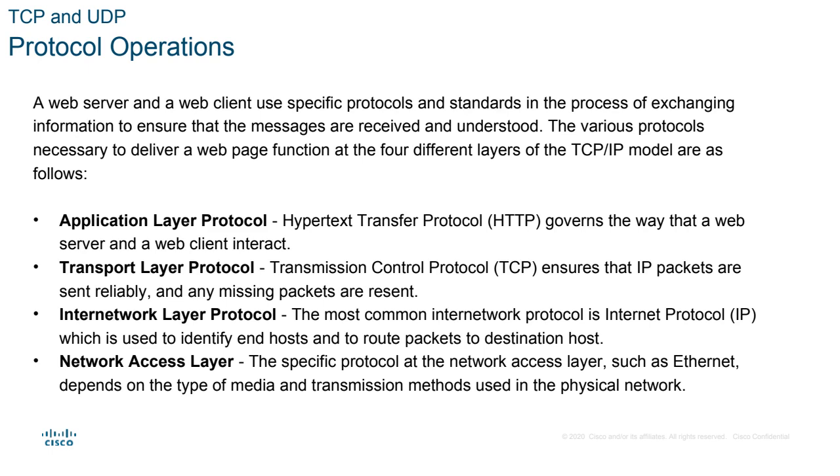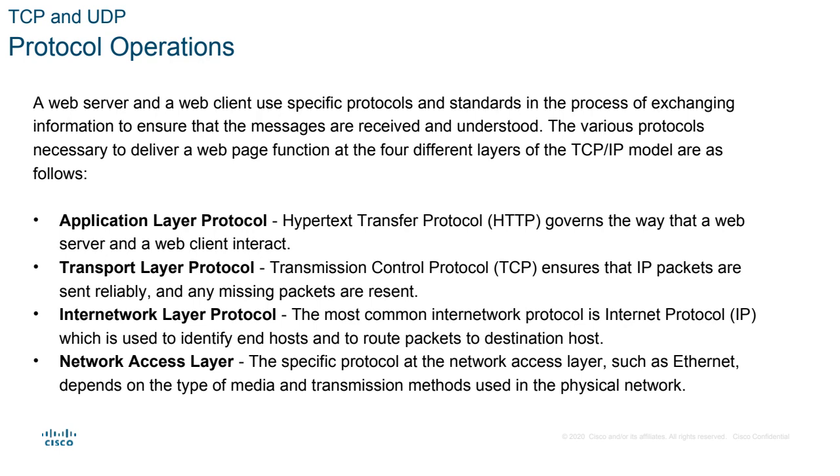Now this is the comparison between TCP and UDP. We also need to know some applications that are used by web servers and web clients, and they are all part of the TCP/IP model. So you have to know that.